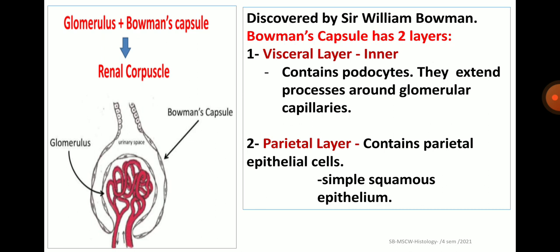The inner layer is called the visceral layer, which contains cells called podocytes, which I mentioned, and they extend processes around the glomerular capillaries. And the outer layer or wall is called the parietal layer. It's also called the somatic layer, and its wall is lined by simple squamous epithelium.